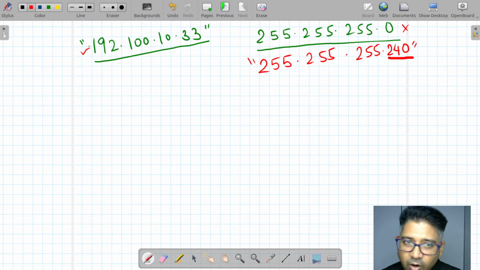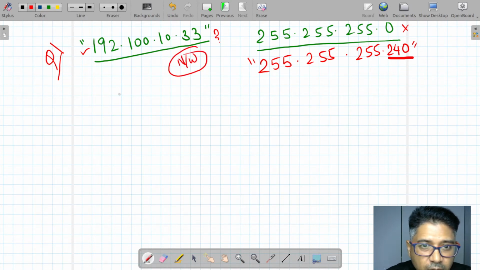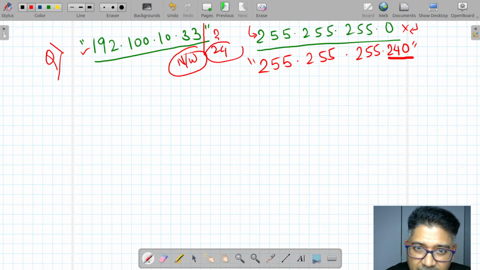Okay. It means the question here is that this is the IP. What is the IP? 192.100.10.30. They are asking which network this belongs to. If they gave you a default network, of course this belongs to slash 24, right?